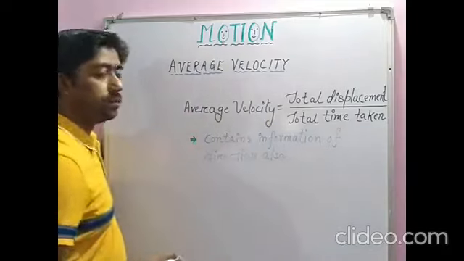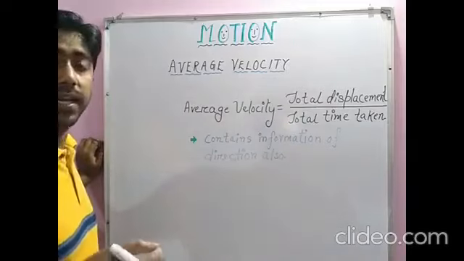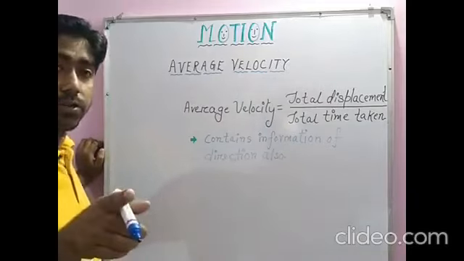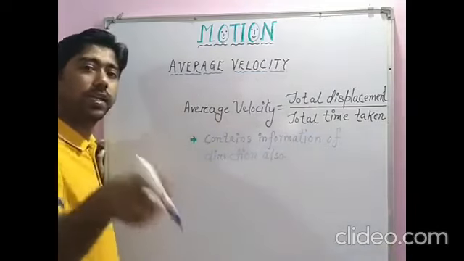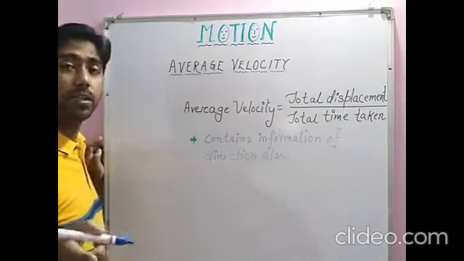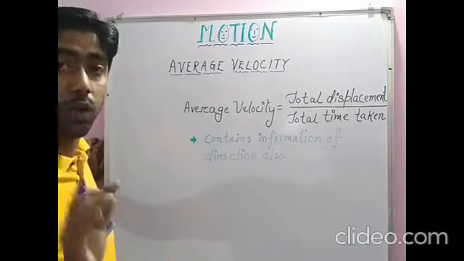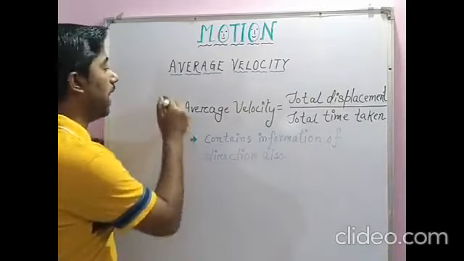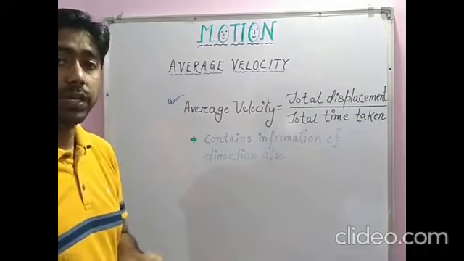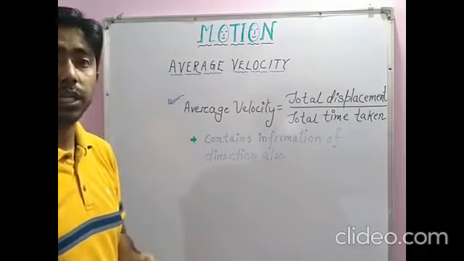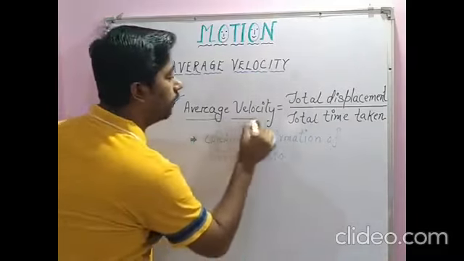So average velocity gives us an idea about the speed also, together with direction. Average velocity means speed together with direction. But in case of just average speed, it was only the magnitude. There was no information about direction. But this quantity, average velocity, gives us both. So when you need to measure the rate of motion of a body together with the direction, then you have to go for average velocity.